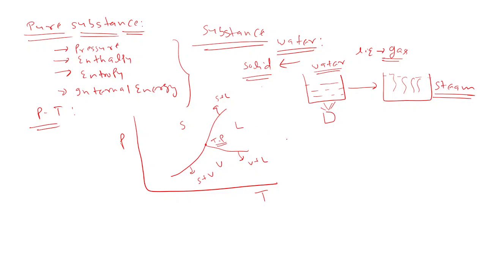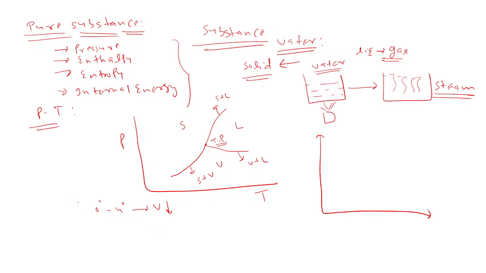So my question is, for water you will be knowing, from 0 degree Celsius to 4 degree Celsius, when temperature increases, its volume decreases, right? Yes, sir. After that the volume increases.